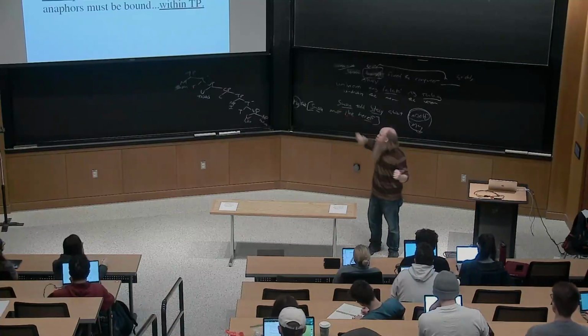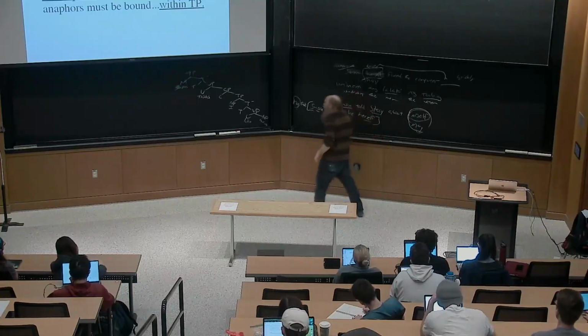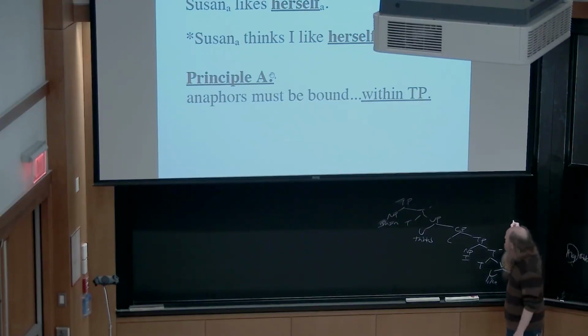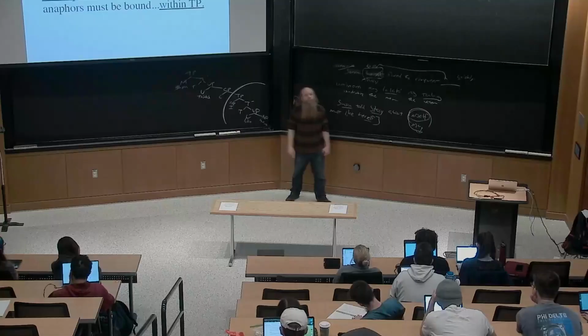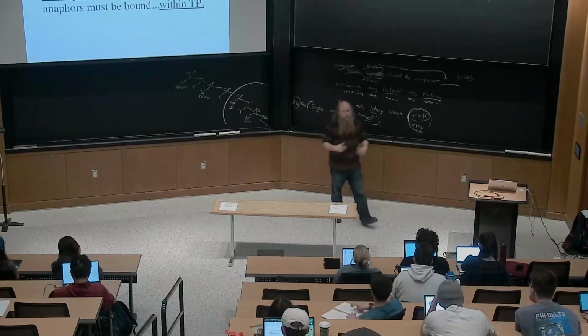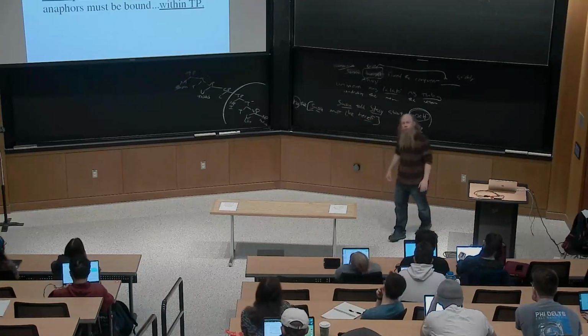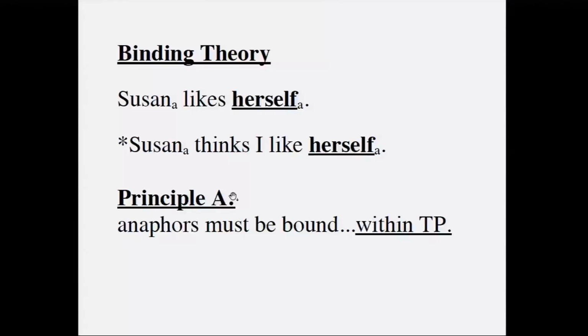So the idea here is that herself, yes, it's bound by Susan in this tree, but it's not bound by Susan within the smallest TP. Here's the smallest TP that includes herself, and Susan is too far away. So there's a locality requirement. Does that make sense? So principle A says anaphors need to be bound within the smallest TP that contains them.